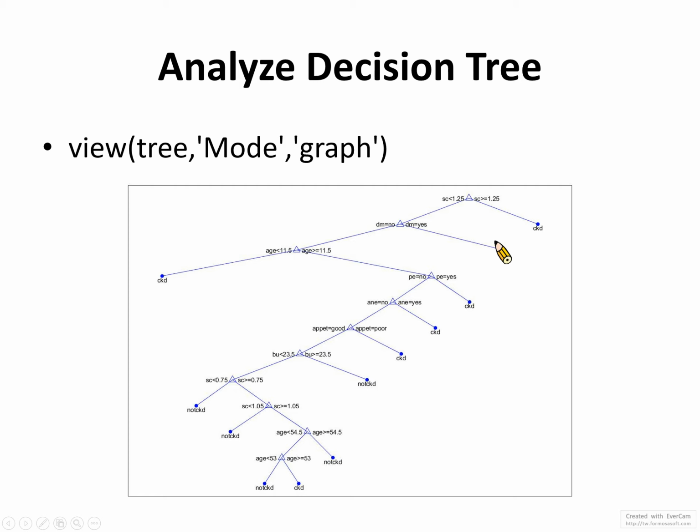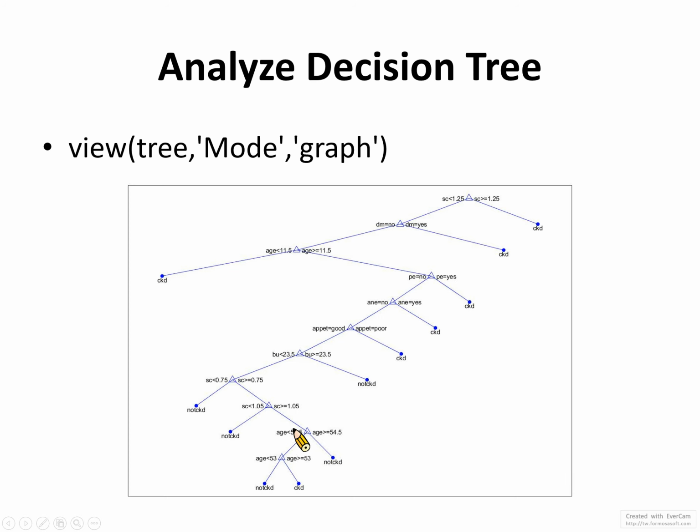For the others, for example here, if you have edema, then it's likely you have CKD. Anemia history, yes, is a predictor of CKD. Also poor appetite, and also blood urea levels. Again, these are very complex decision nodes here.